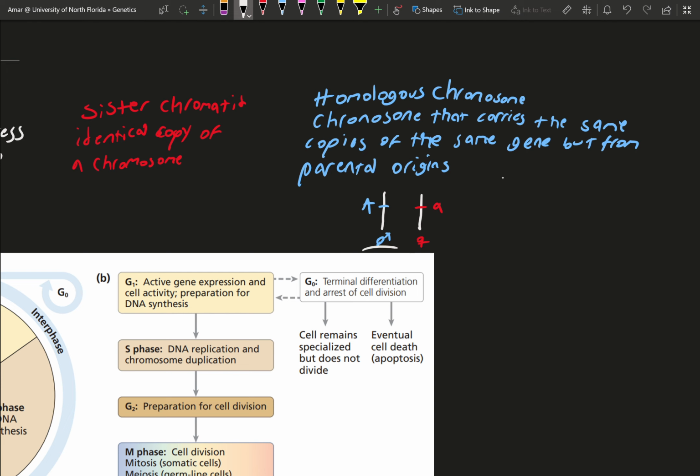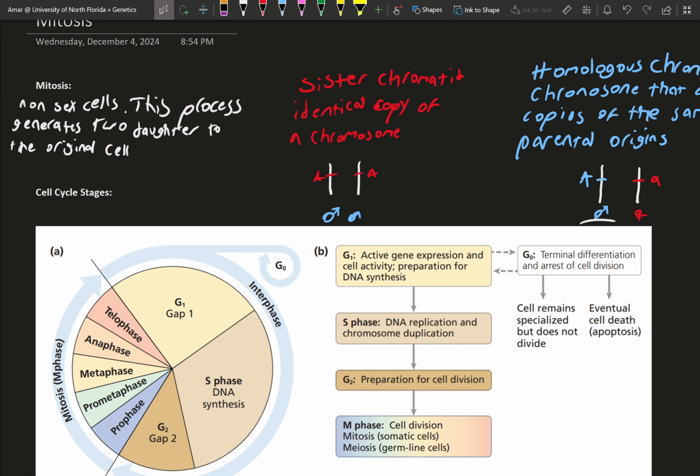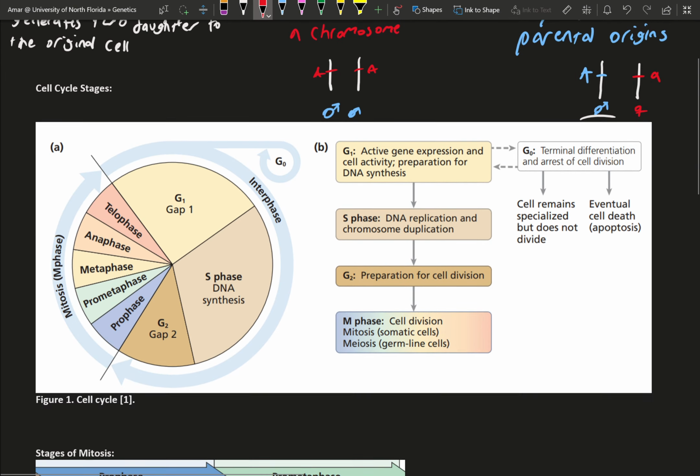A complete copy of a chromosome will just take that chromosome from dad, which is a big A, and copy and paste it in. So then you would have two chromosomes that are both from dad, big A, big A. That's basically that, and that's what a lot of students struggle on, defining which one is which.